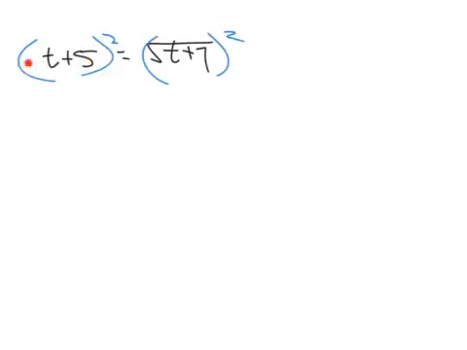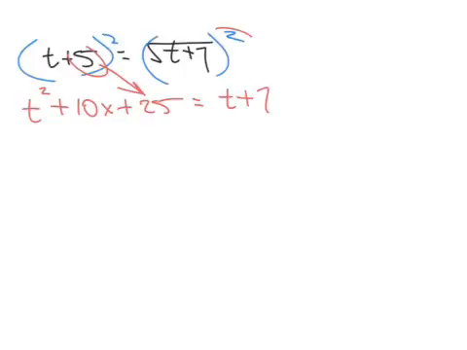We're squaring the entire side. So that means we have to write it like that, which means we have to do FOIL. And that gives us, when we do FOIL, t squared plus, and you get to where you can do these in your head, because it's just double that, and then this number is the number squared. And that equals t plus 7, because that 2 makes my radical disappear.